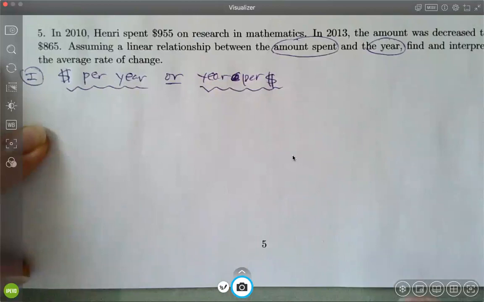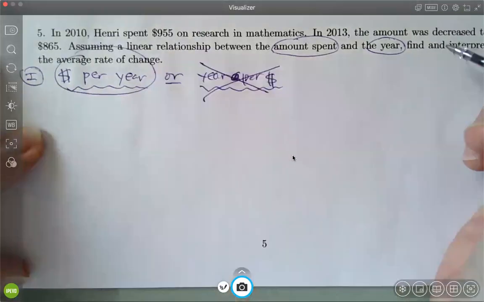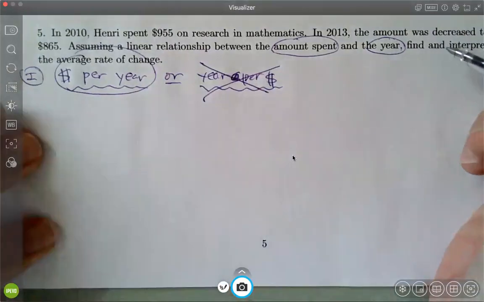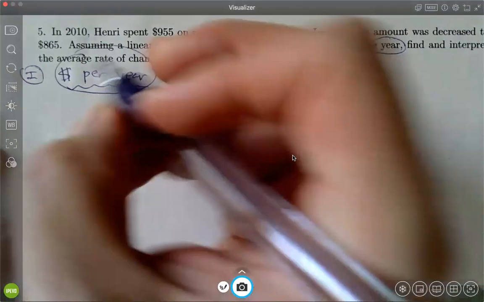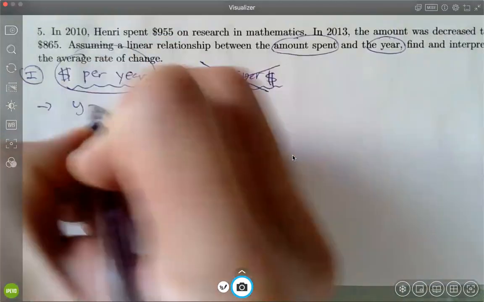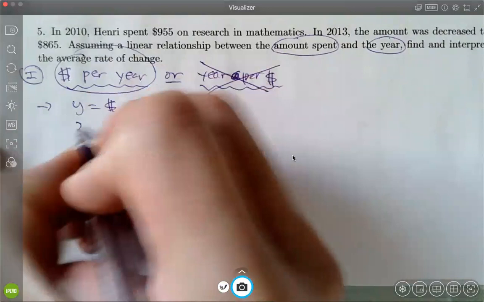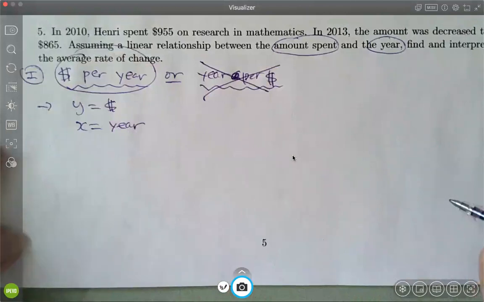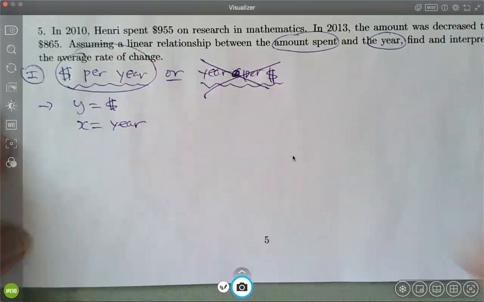The first one. Dollar per year sounds a whole lot better. So we can deduce the Y unit is dollar and X is the year, because Y has to come first in the unit. So now, what do we do next?